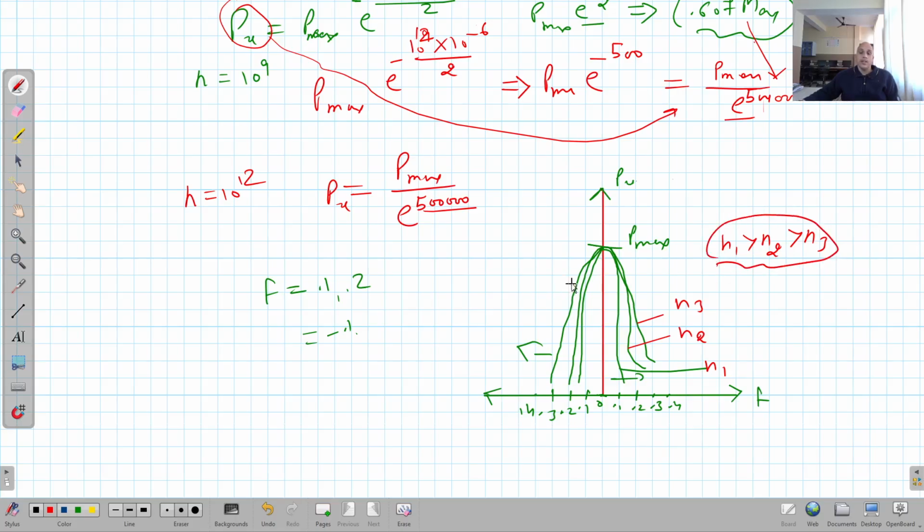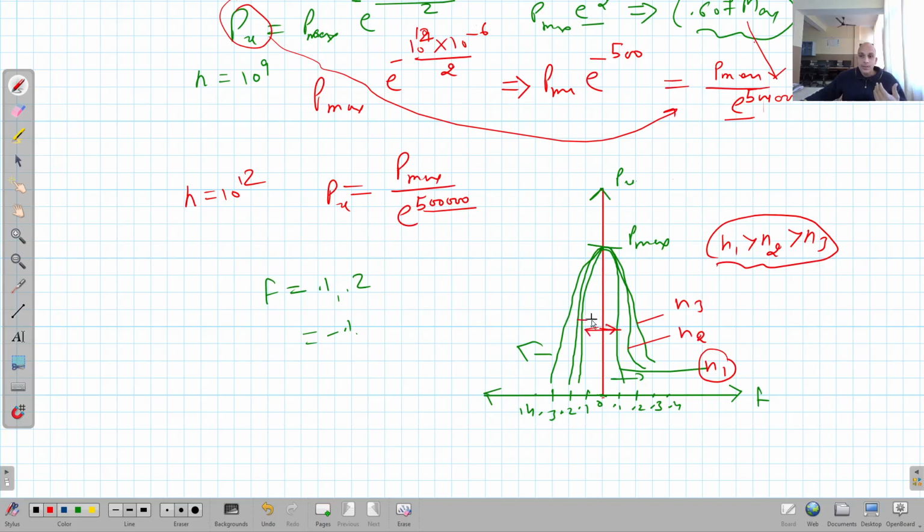So you can see here that as we go away from the state of maximum probability, that is, fractional deviation 0, the probability of the new state falls off exponentially. And it falls off more rapidly when the number of particles is large. As n1 is large, the graph is very narrow.